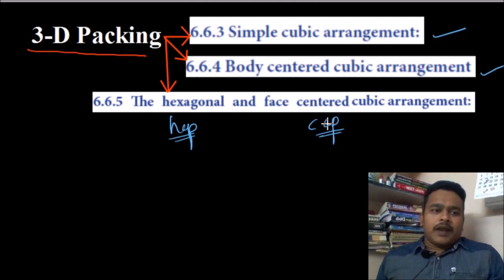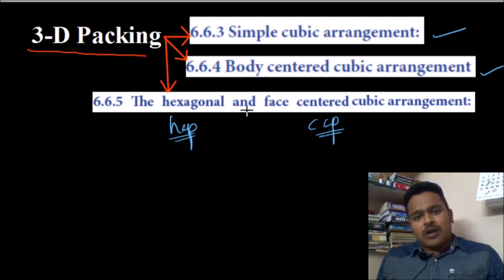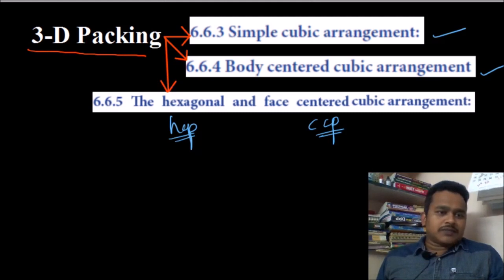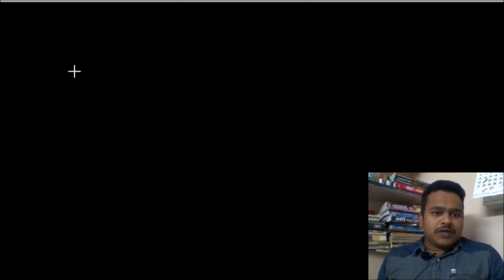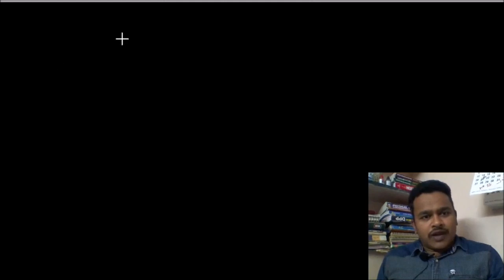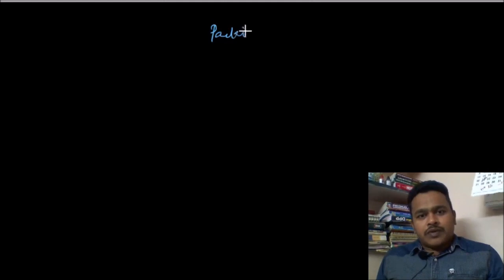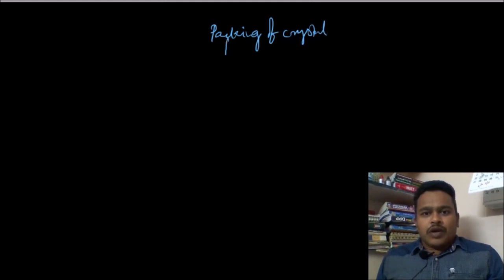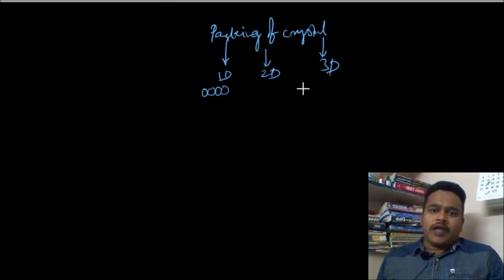Before going to hexagonal close packing and face centered close packing, let us recall what we observed in the last videos. For the packing of a crystal, we study in a one dimensional way, two dimensional way and three dimensional way. One dimensional means an arrangement in only one direction.